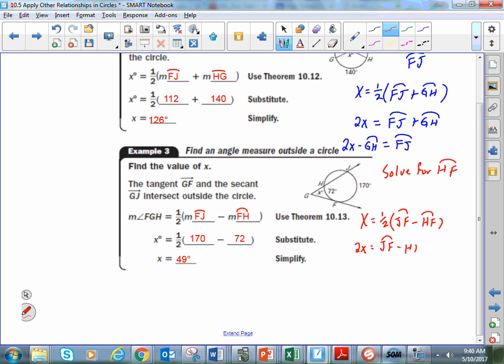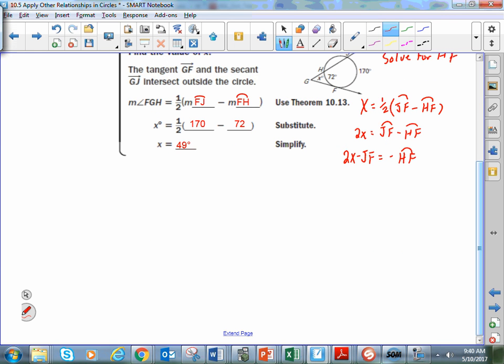Move the jf over through subtraction, I'm going to say 2x minus jf is equal to negative arc hf. So now multiply both sides by negative 1, or simply divide everything by negative 1.